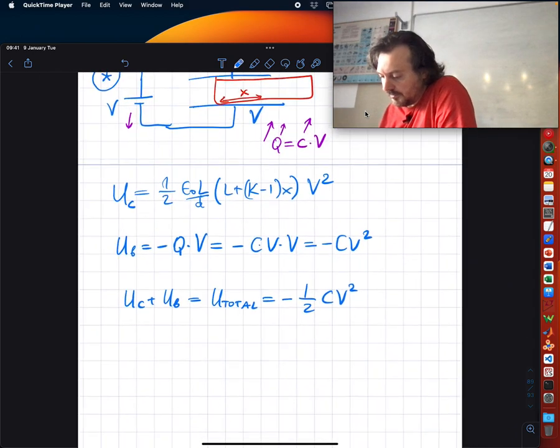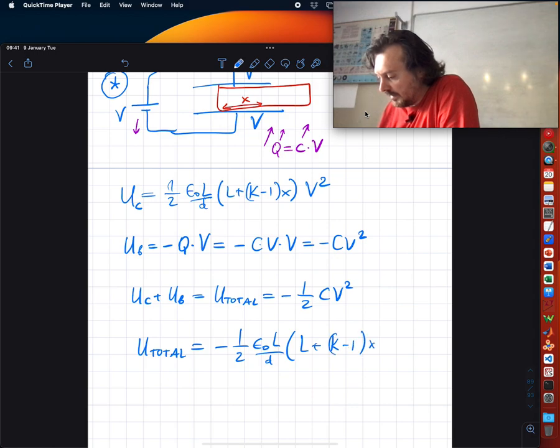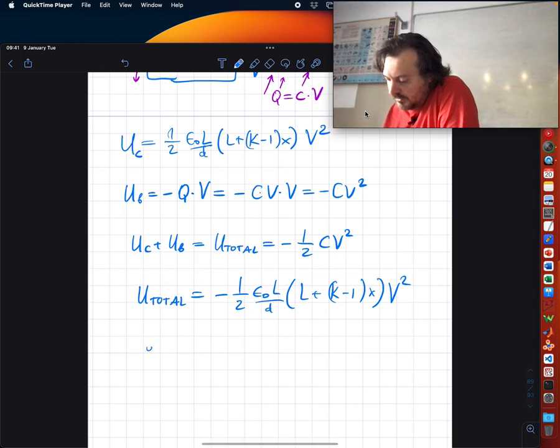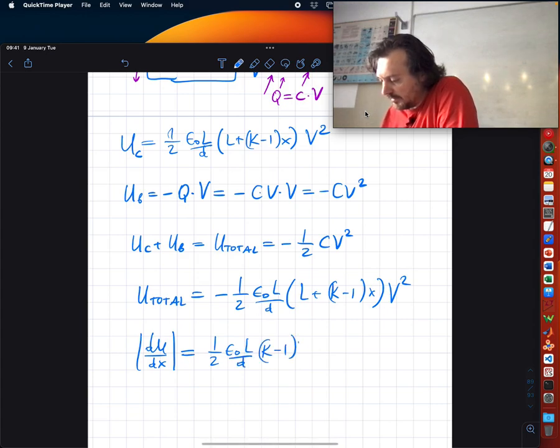Let's calculate force. U total is negative of this, right? 1/2 epsilon 0 L over D times L plus K minus 1 X times V squared. So take the derivative dU over dx, and I'm just interested in the magnitude. What do I get? 1/2 epsilon 0 L over D times K minus 1 times V squared.